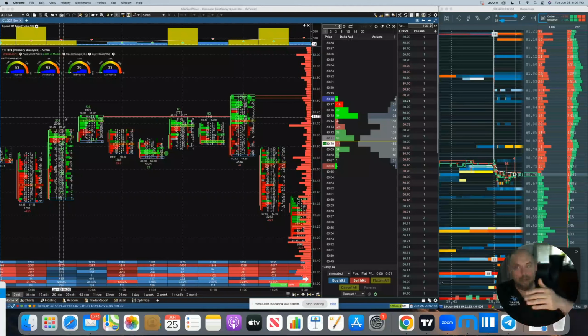Now, I identified 81.73 before the order flow ever got there. So that's the important part. If you can't identify key levels first, then integrating this is just going to do you more harm than good. So for most of you, still focus on hammering out that trade plan.